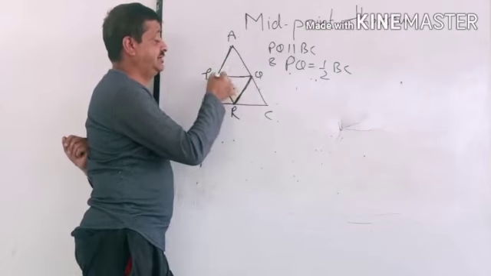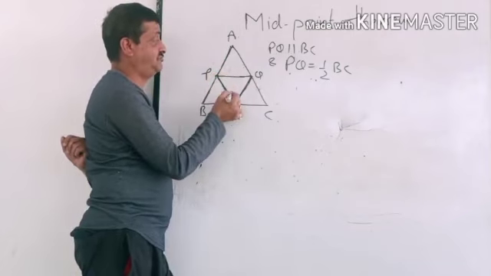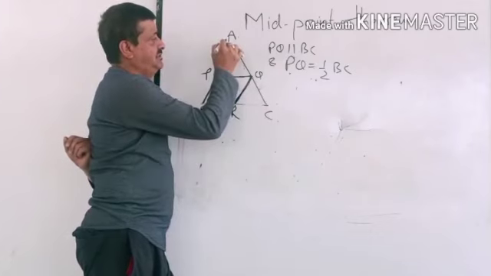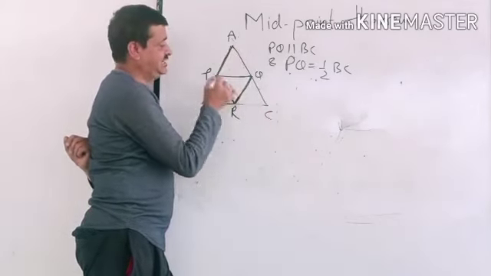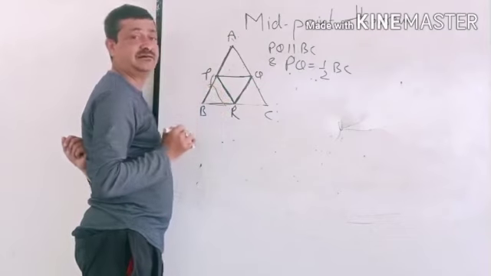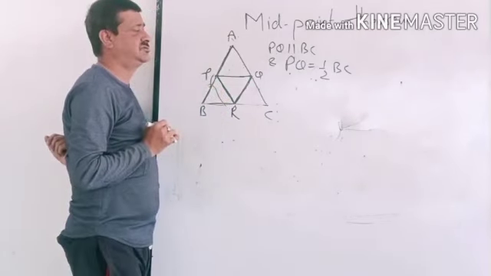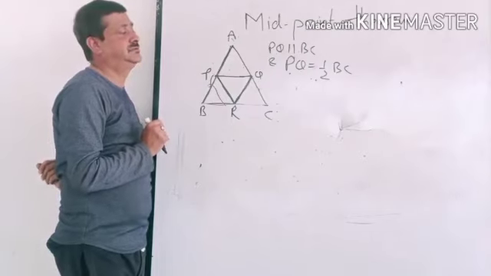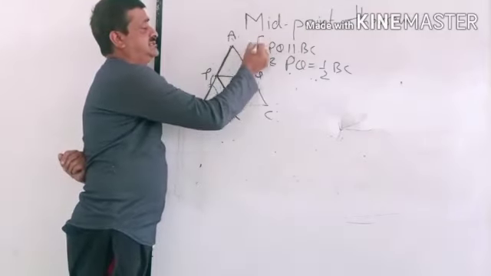So the line joining the midpoints of these two sides, AB and BC, is always parallel to AC and half of it. So this is the theorem which you have to remember, but it is better to understand why it happens.